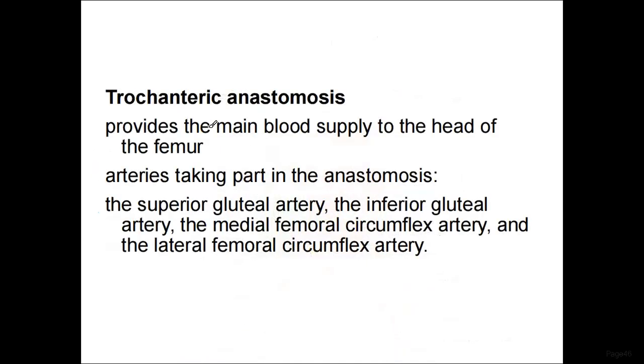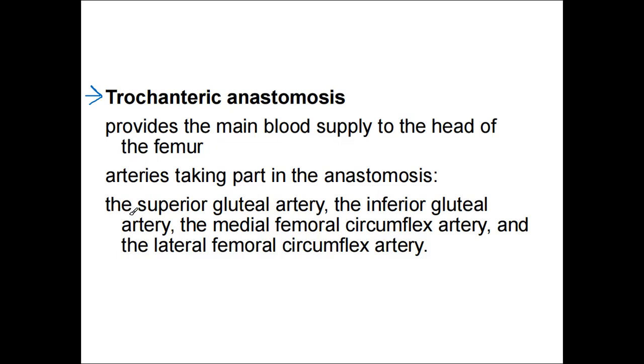Then let me now talk about the anastomoses that we find around the proximal part of the femur. So we have an anastomosis that's called the trochanteric anastomosis. This provides the main supply basically to the head of the femur. That's why we have to talk about it. And you then need to understand the arteries that take part in forming this anastomosis.